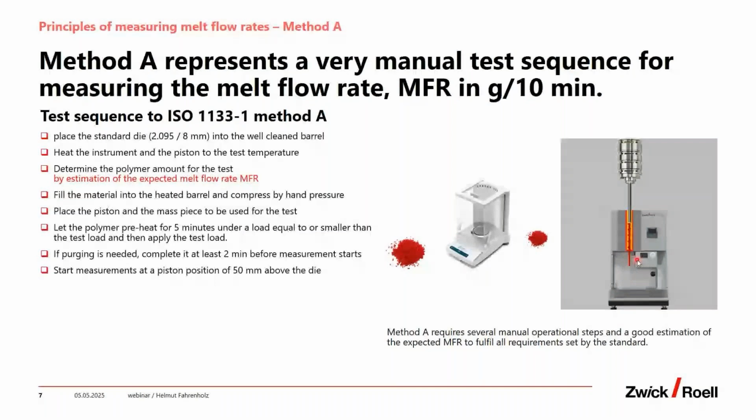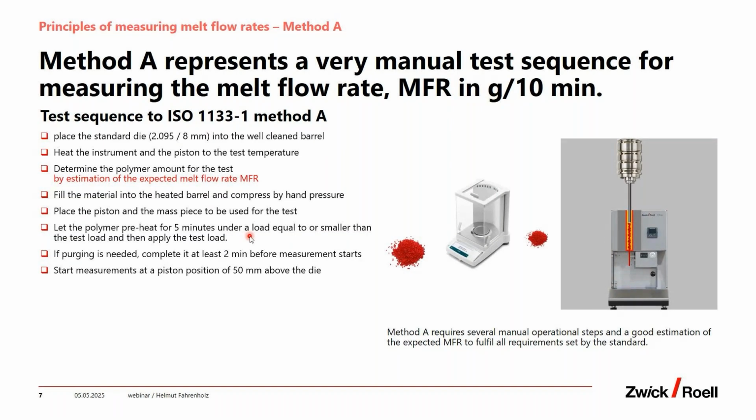Once you have the material in the barrel, you place the piston and you let the polymer heat up for 5 minutes. So this is the preheating time, which is described in ISO 1133. Now it can happen that you have too much material in the barrel.